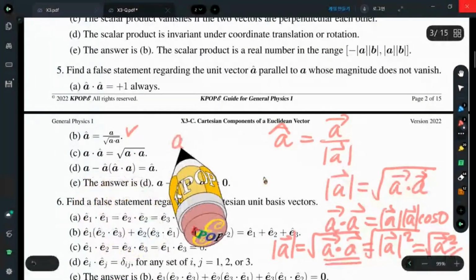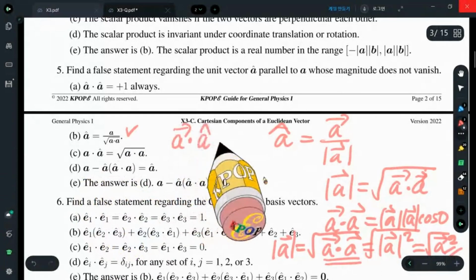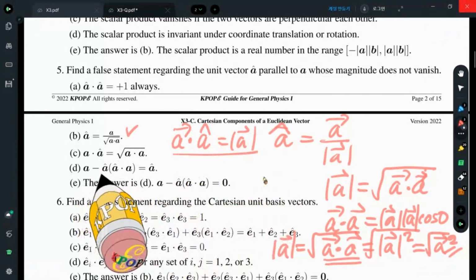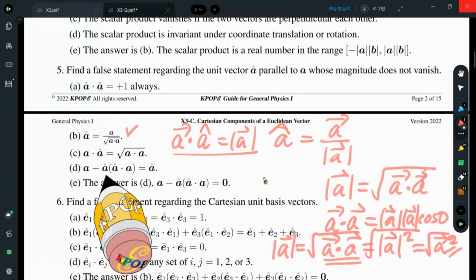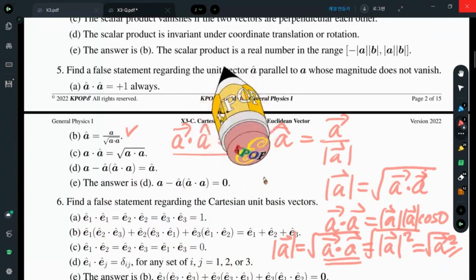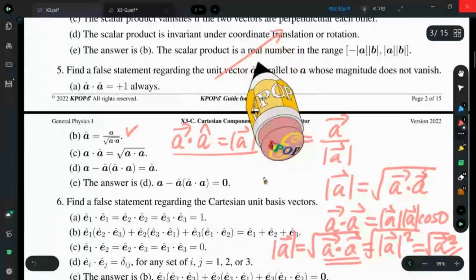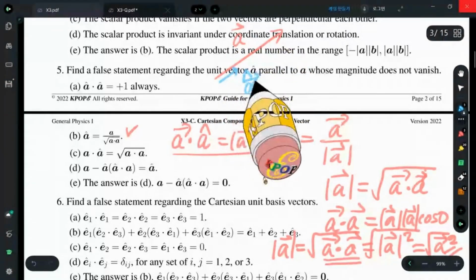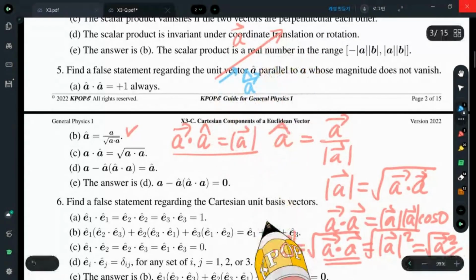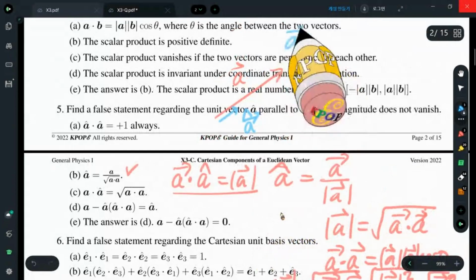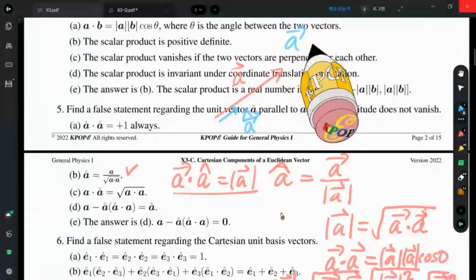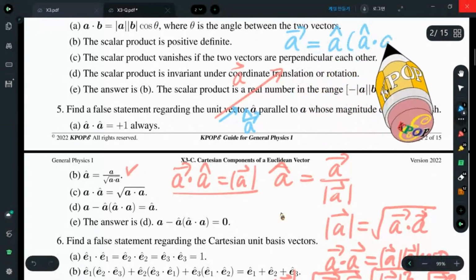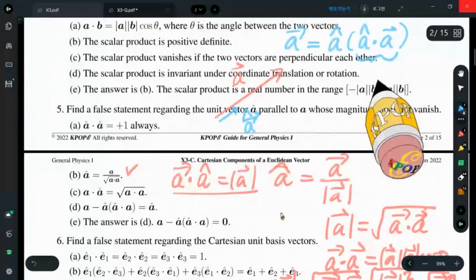Okay, everything is clear. So we know this. A times A hat is the magnitude of A. I have a unit vector A hat that is along the direction of A, and A equals actually the same as A hat dot A, because this one gives the magnitude.